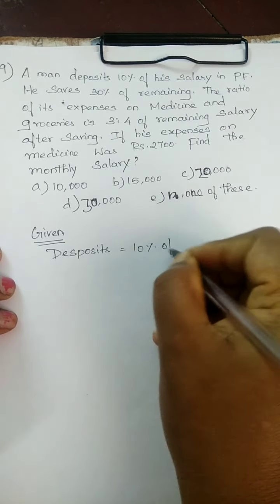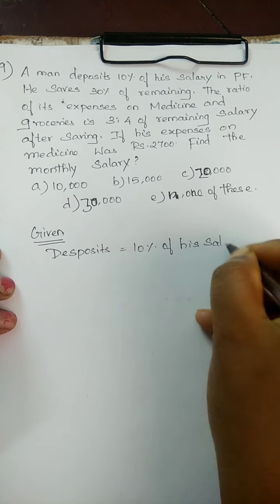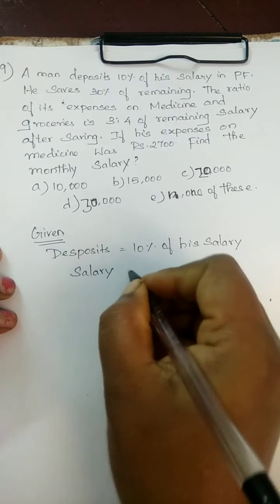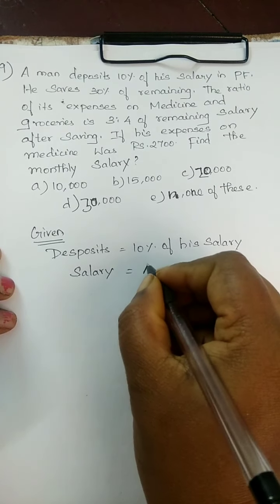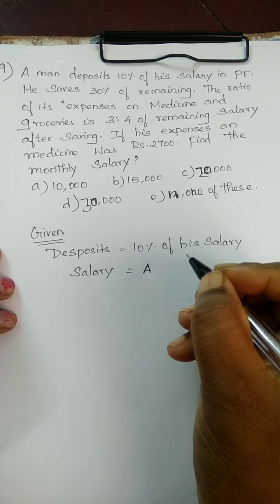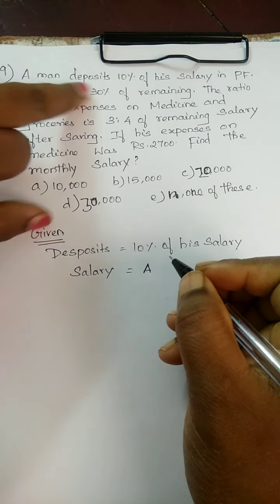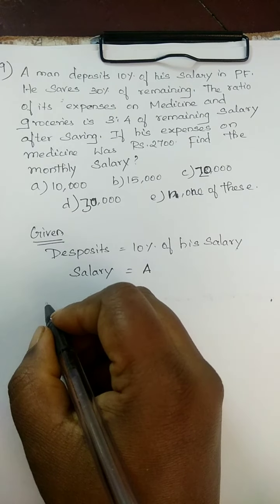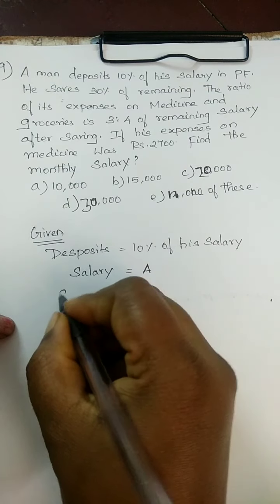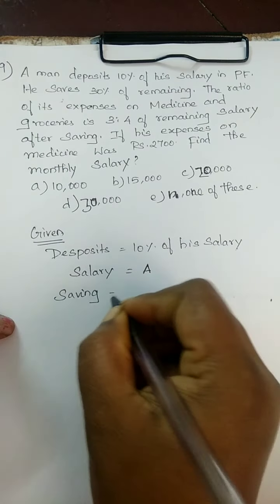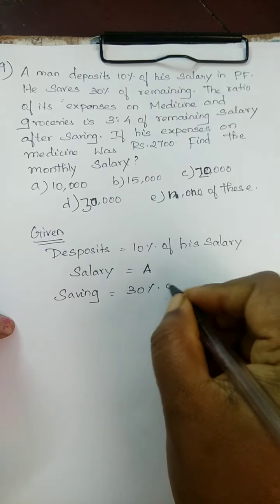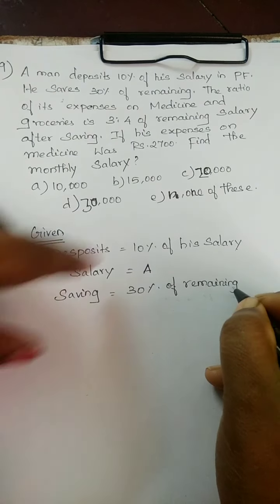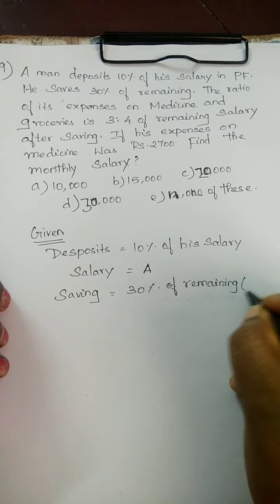Let's take a man's salary is A. And then he saves 30% of remaining. Saving is 30% of remaining. Remaining means here they indicate after 10%.